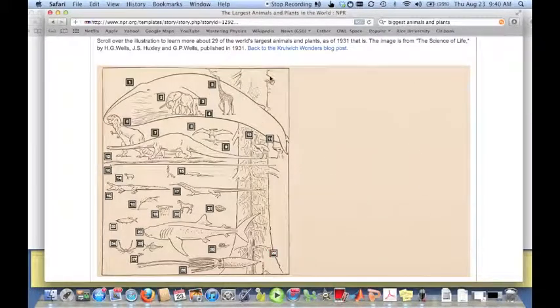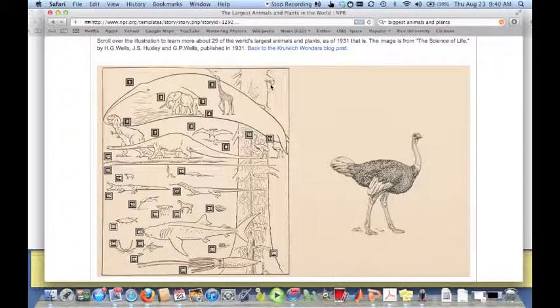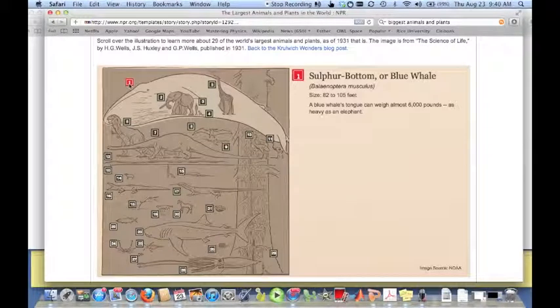In this picture, this is only 100 feet in distance here, so that sequoia would be 3 times that. The blue whale, right here, is about a third of that, 100 feet long, and it's the biggest animal that's ever lived on Earth.